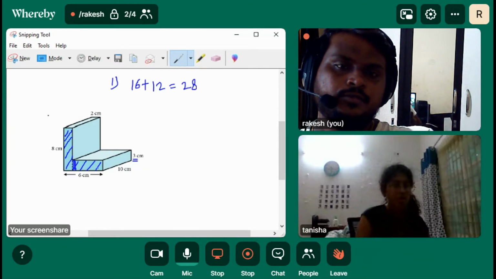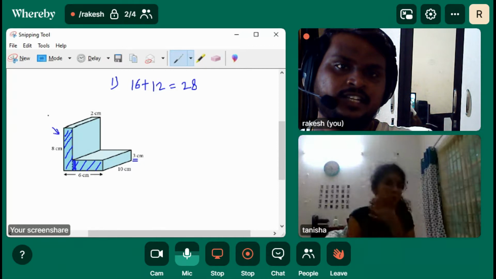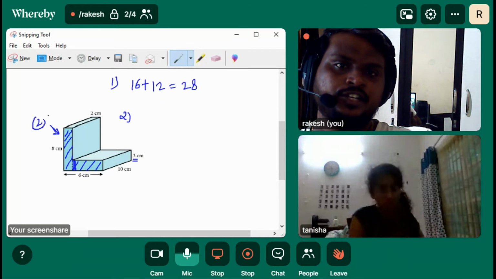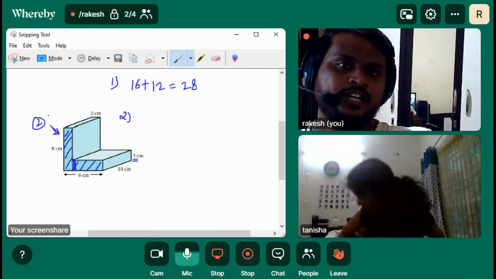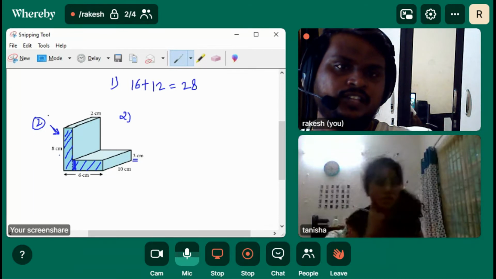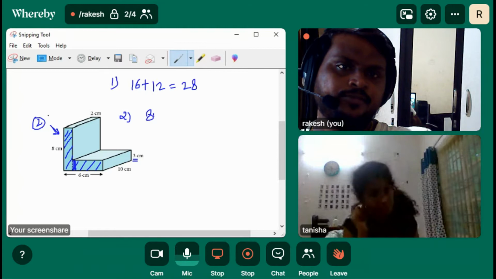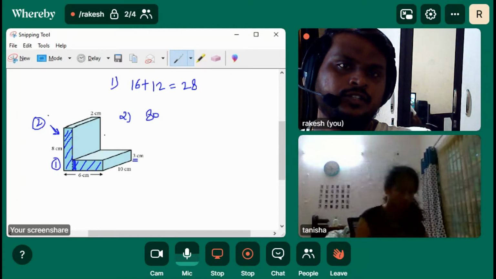Now we can find the backside area. What is the area of this backside? That is also a rectangle, of length 10 centimeter and width 8 centimeter. So 8 into 10, 80. So that is also done.